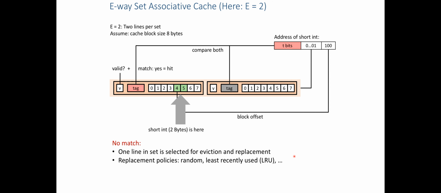There are a lot of different replacement policies. We could randomly pick which line would get evicted. The least recently used is kind of a gold standard. Most of the time, there is some way of knowing which of these was last used. It does require a little bit of extra bits, because there'll be some sort of counter that will keep incrementing every time one of these lines is accessed.